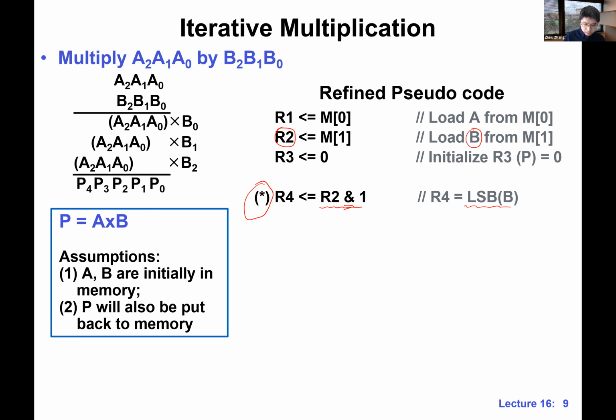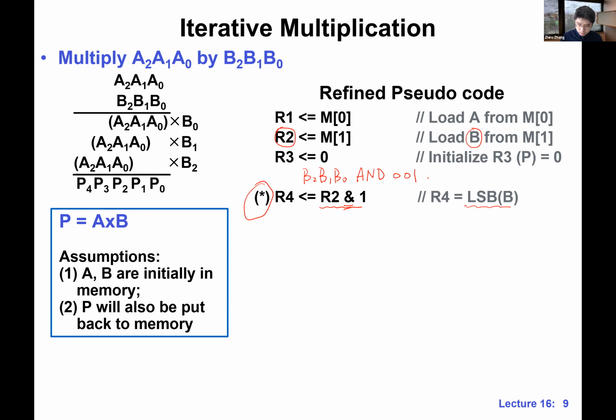Over here, I'm assuming that we have 3 bits for both A and B. So really what I'm doing here is ANDing B2 B1 B0 with 0, 0, 1, which is 1.